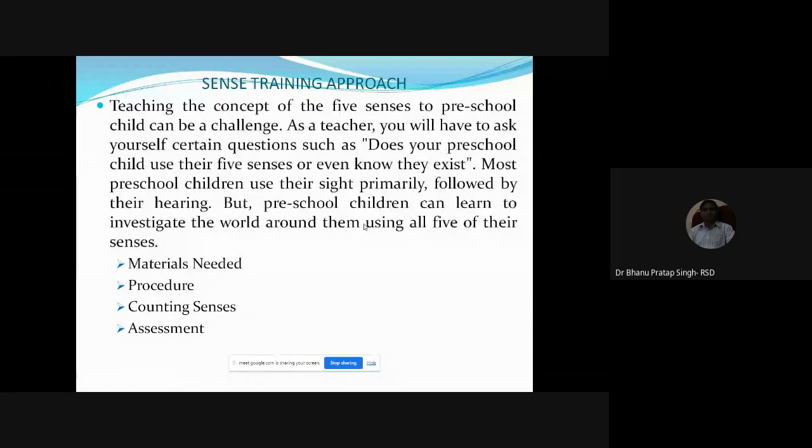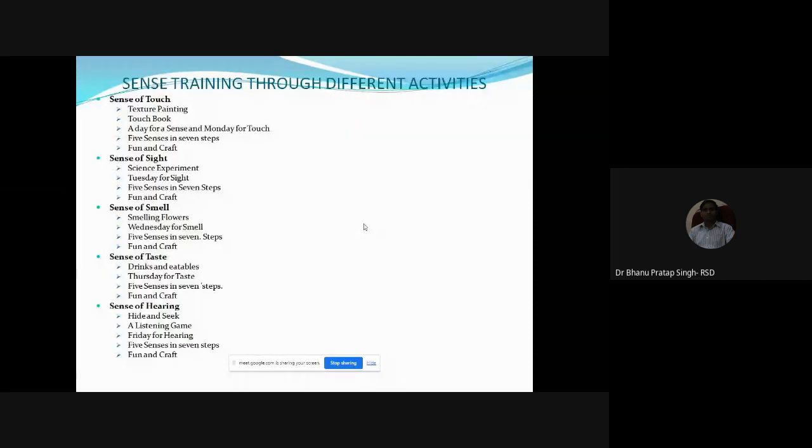Sense of touch means texture painting, touching the book and other learning equipment like pen and pencil, and touching many other things. There is a particular sense even for craft.